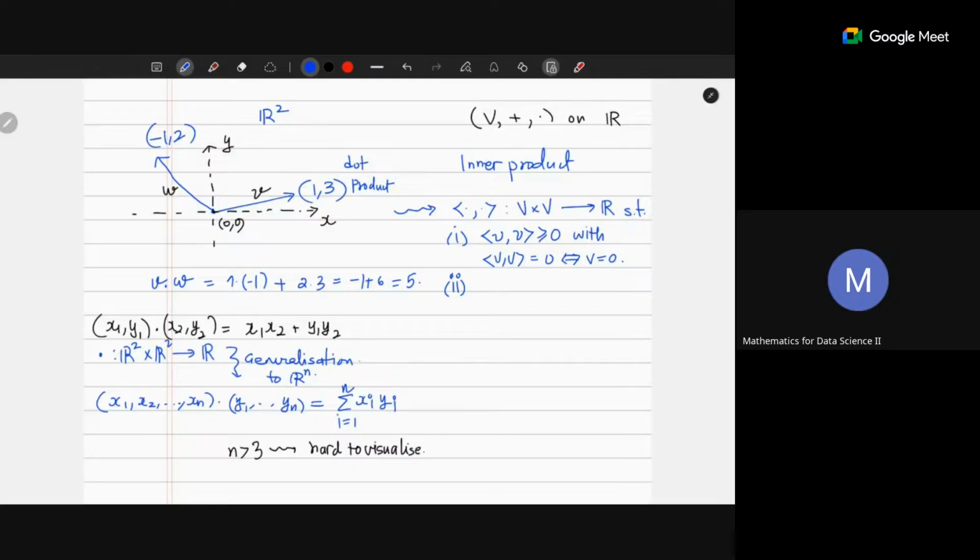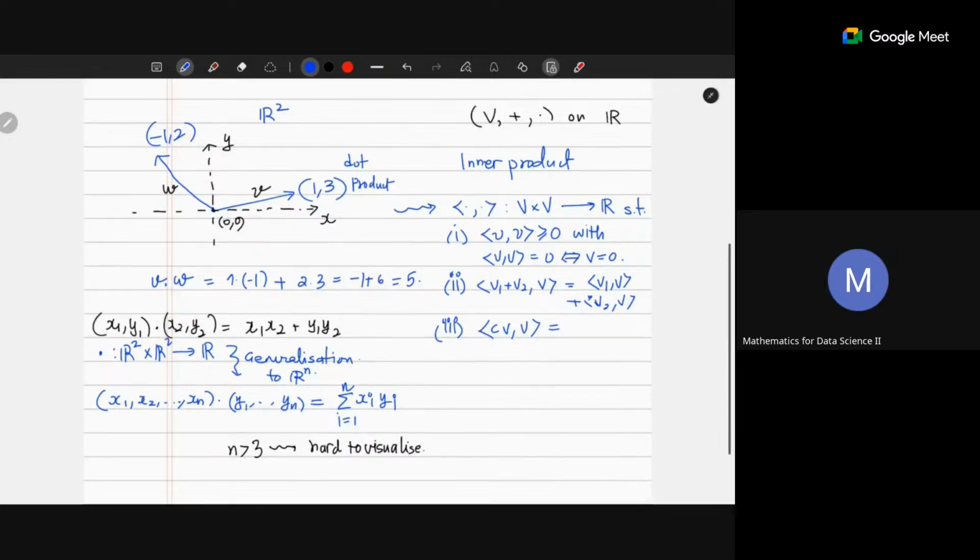The second property was it is linear in the first coordinate. All right, so this is a quick revision of what you saw last week. Third property was that by linearity you also need to verify this for a scalar product as well, so you can take the scalar out. So c v1 comma v2, and the fourth property was that it is symmetric. It doesn't matter what order you write your vectors in.